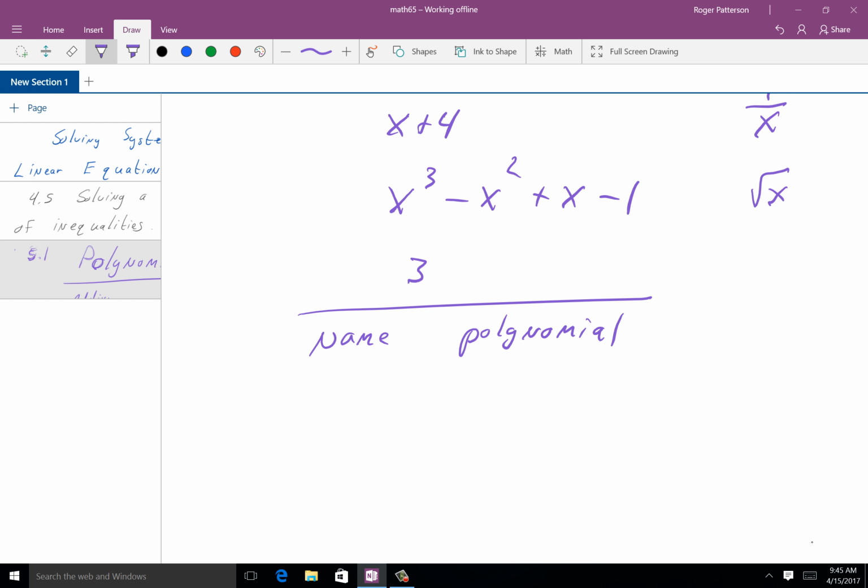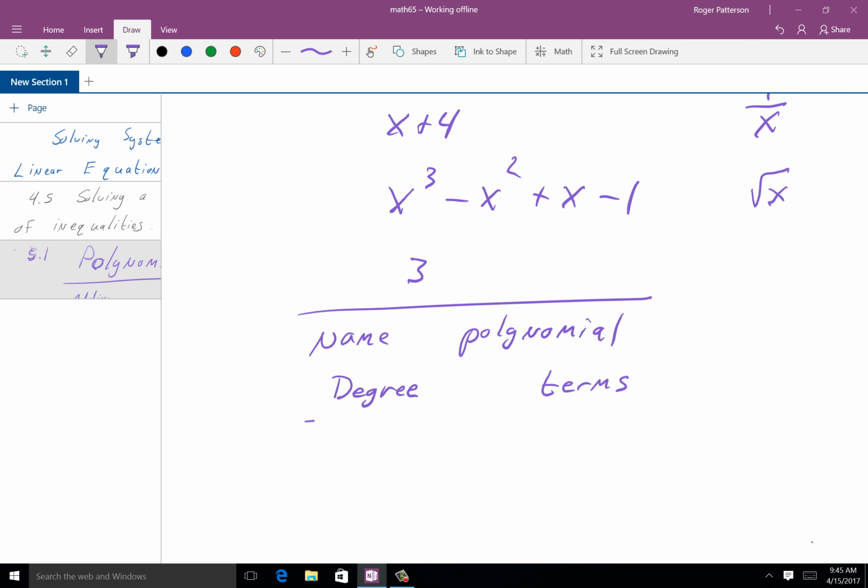But polynomials are named by their degree and by their terms. Most of the time in upper level mathematics, they're named by their degree. In this course, they're named by their degree and their terms.